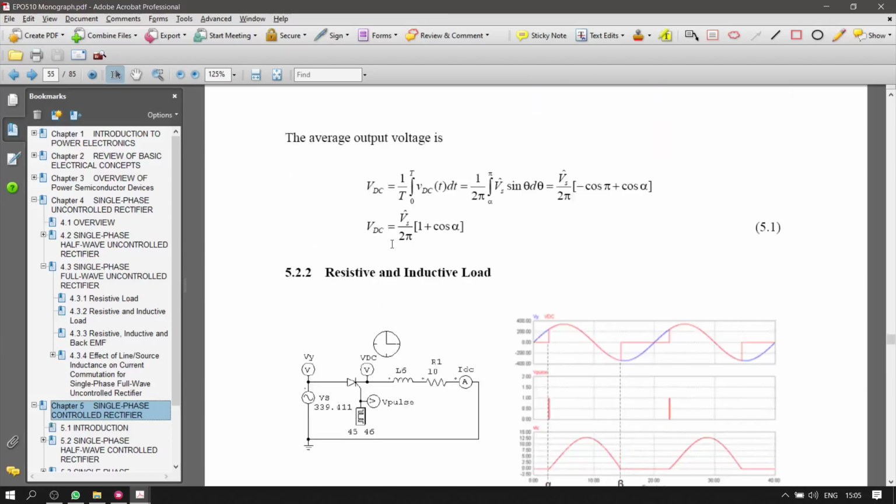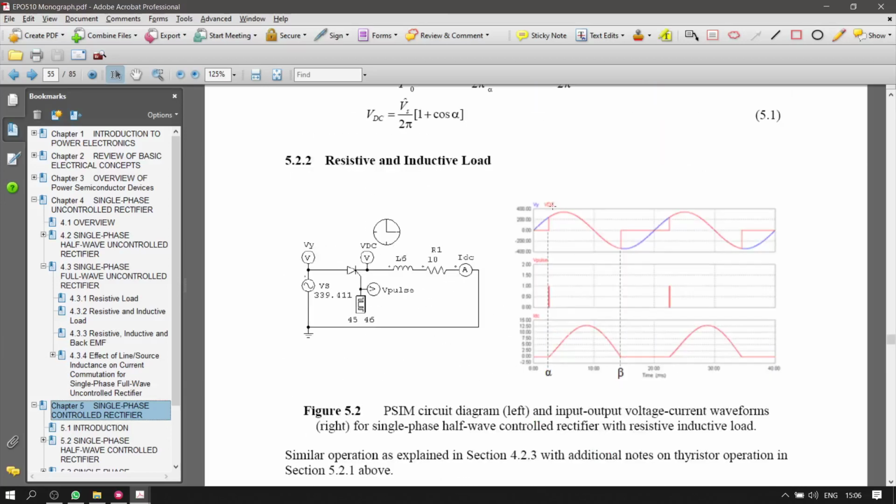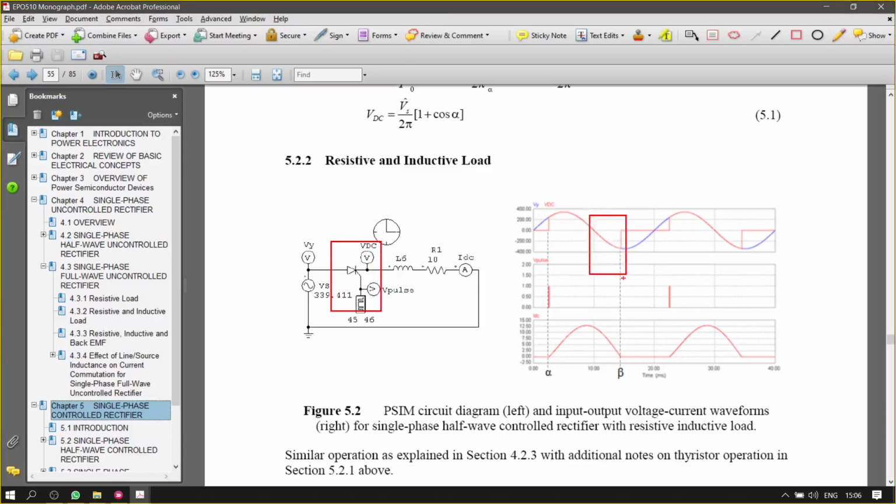But when it comes to a resistive and inductive load, we know that the thyristor will have an extension because of R plus L. So the thyristor will extend its operation, even though it is already reverse biased, because the current is still flowing in that direction.